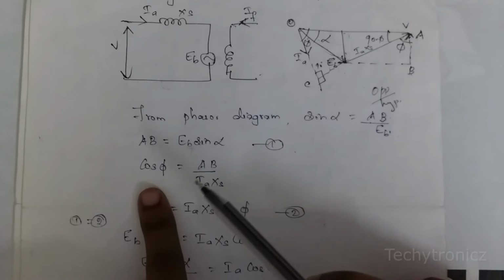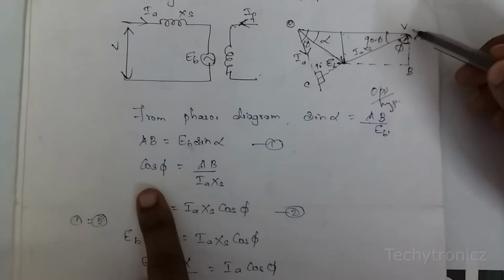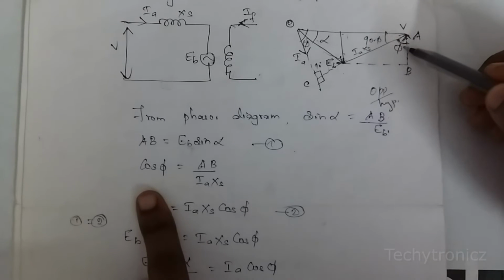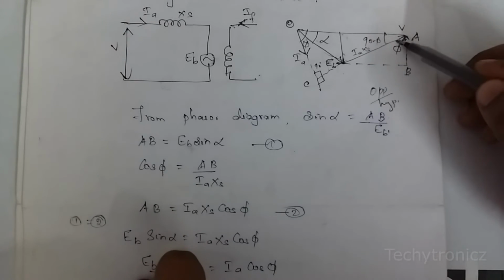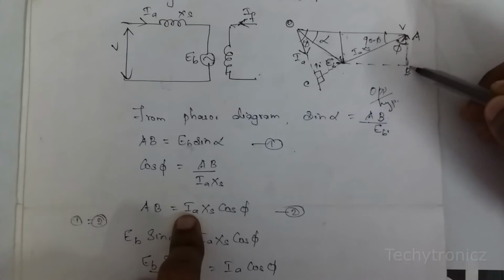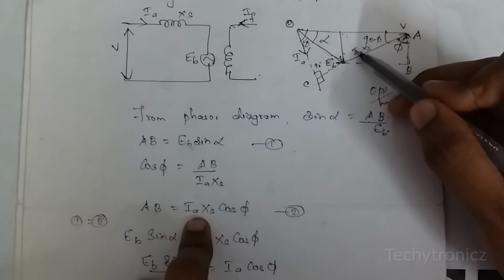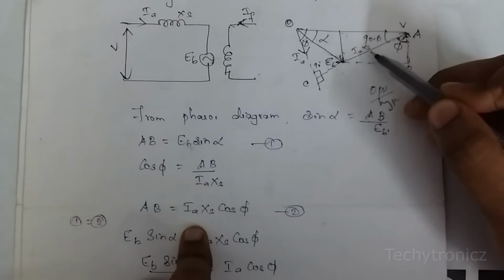Similarly, consider cos phi. Cos phi means adjacent side by hypotenuse. The adjacent side is AB, and the hypotenuse here is IA XS.